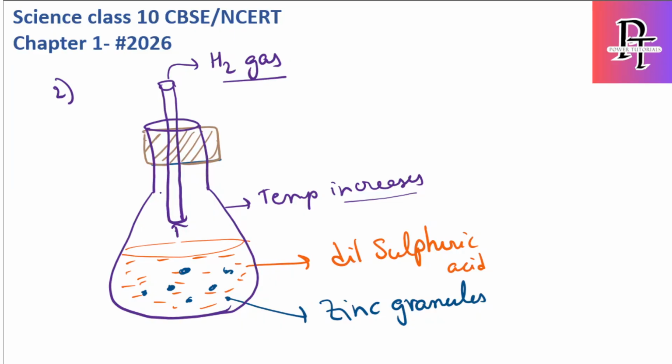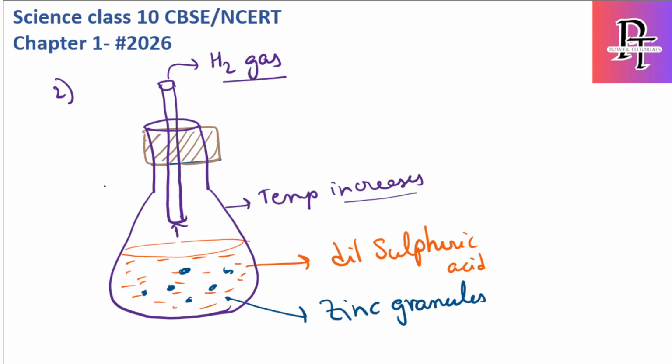At least one is enough to understand that it's a chemical reaction. So if zinc granules react with dilute sulfuric acid, the temperature increases and H2 gas is evolved. This is also a reaction showing that a chemical reaction has happened.